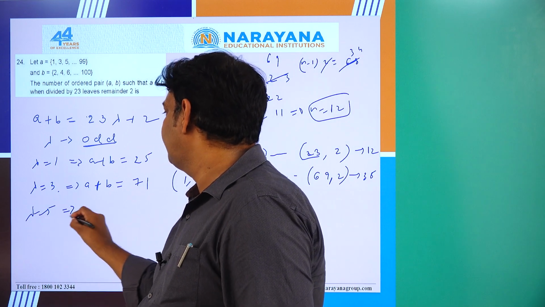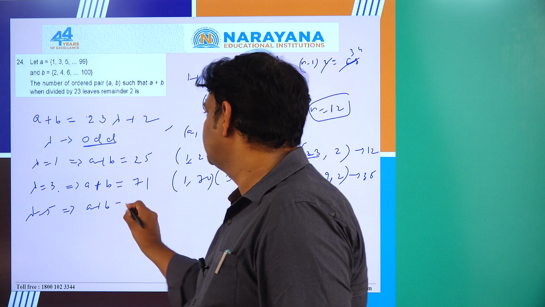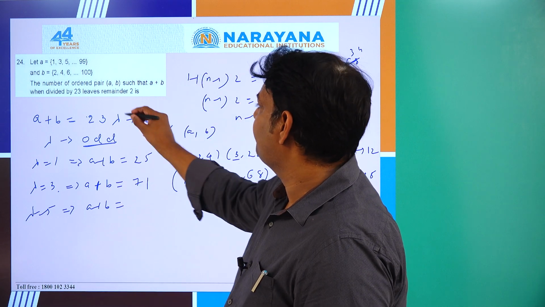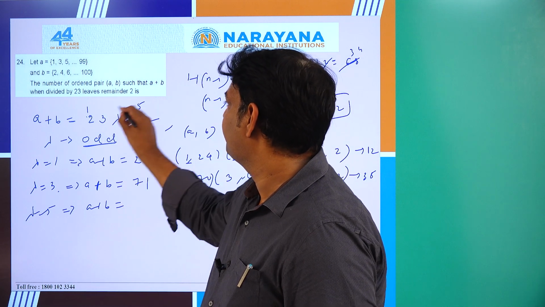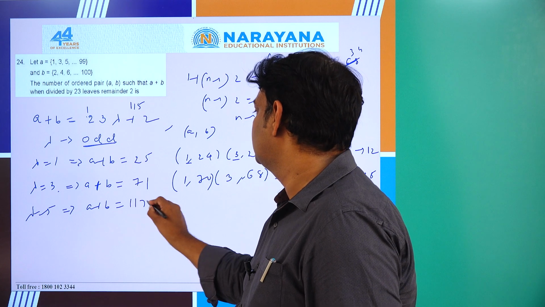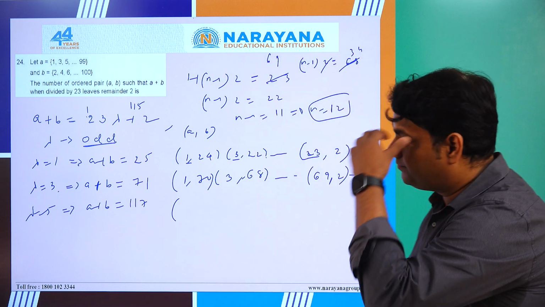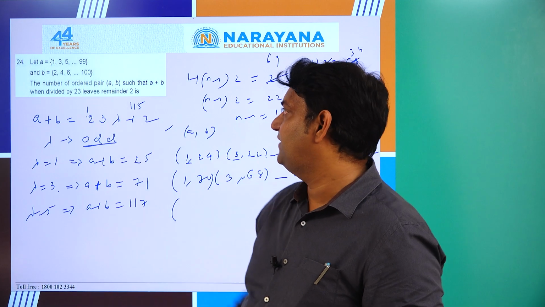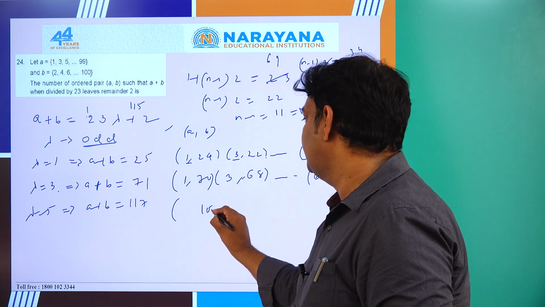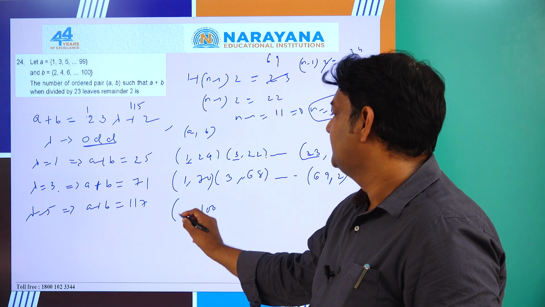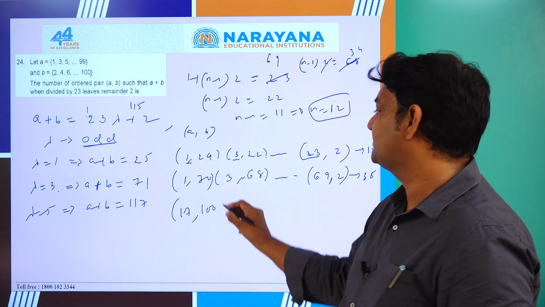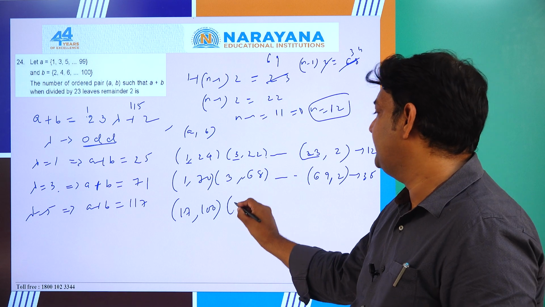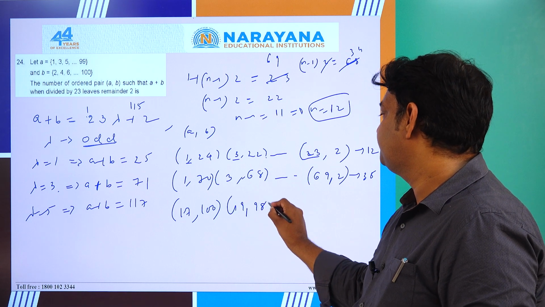Now go for lambda is 5. If lambda is 5, A plus B is 117. Can I take A as 1? No. 2? No. Observe that the biggest possible value is 100. So here you should take B as 100, then A should be 17. So starting with 17 and 100, then 19 and 98.